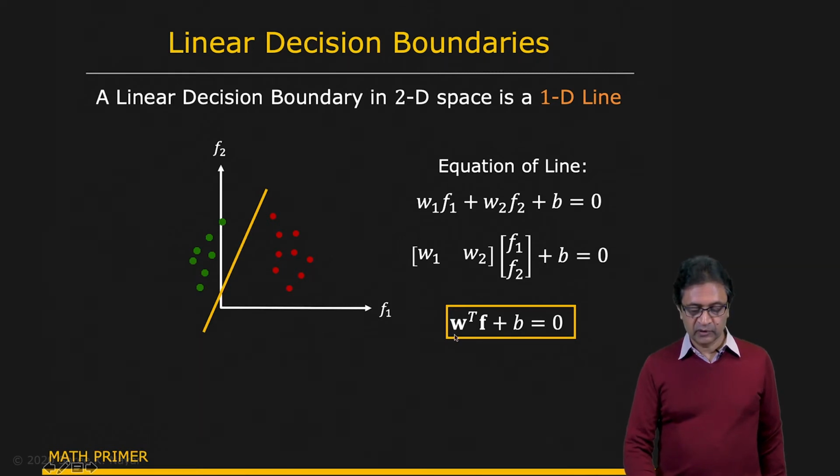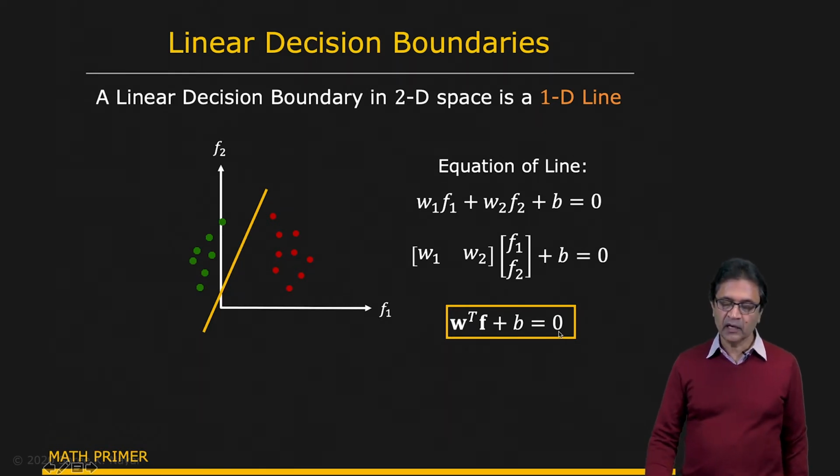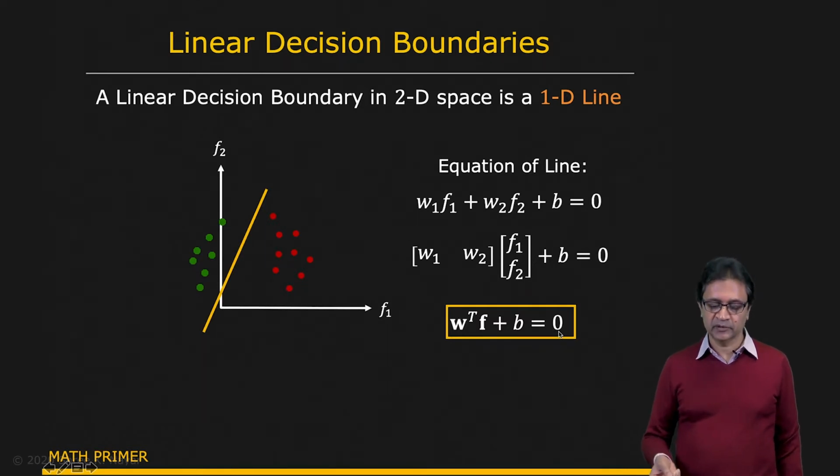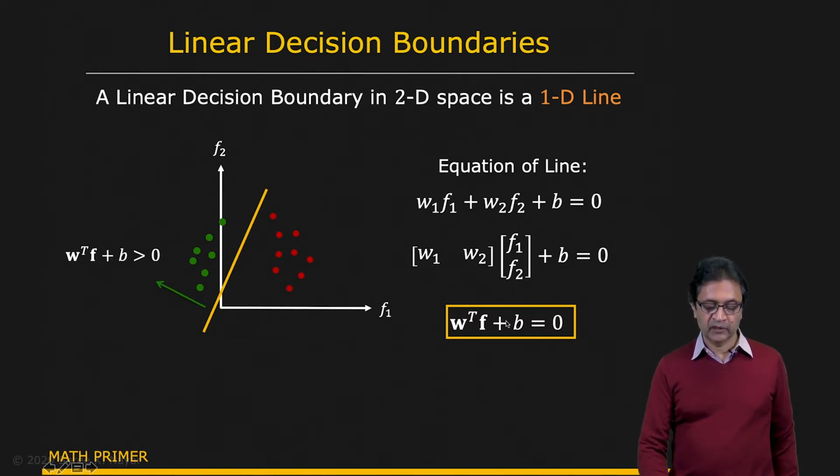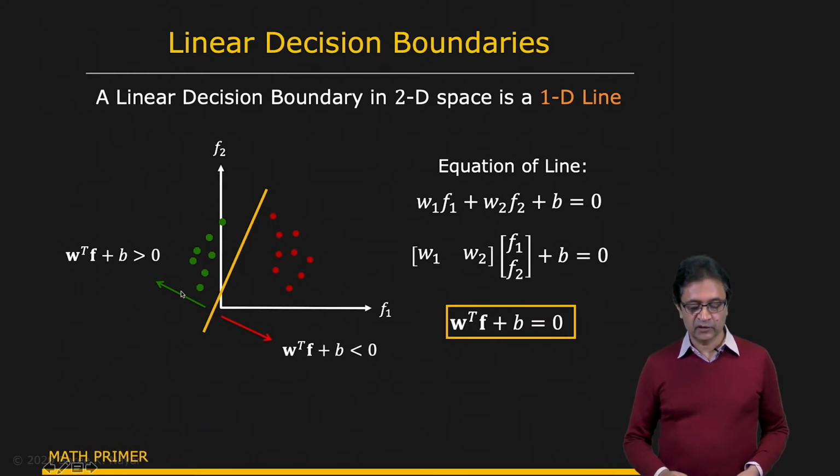So you have w transpose f plus b equal to 0. Now let's say that you have a new feature that comes in. You simply plug that feature f into the left-hand side right here. If that happens to be greater than 0, then perhaps it lies on the left side here, and we say it's a face. If it happens to be less than 0, then it lies on the right side here, and we say it's not a face.